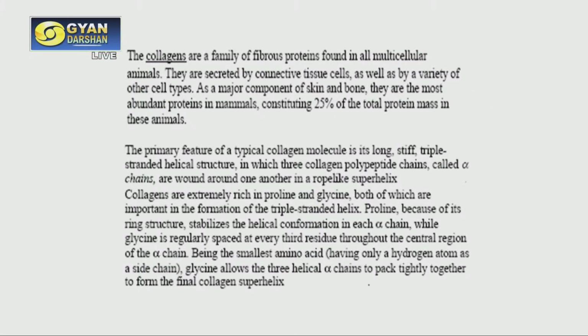And proline, because it has the ring structure, stabilizes the helical conformation of the collagen molecule, because it is a triple-stranded helical structure. So, if you have this background in mind about the structure of the collagen molecule, next, what are the functions?